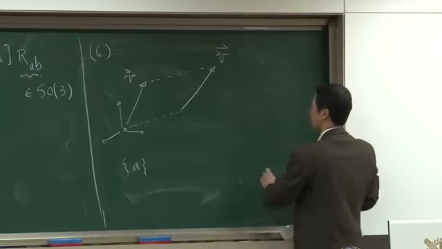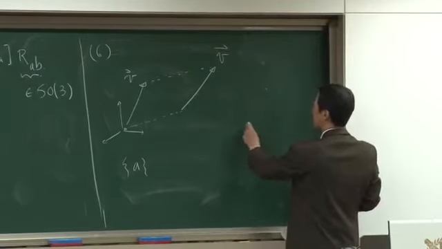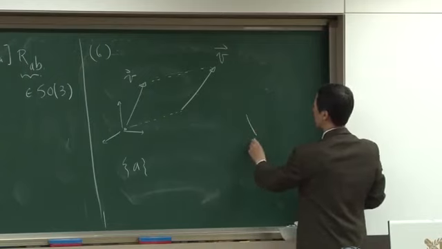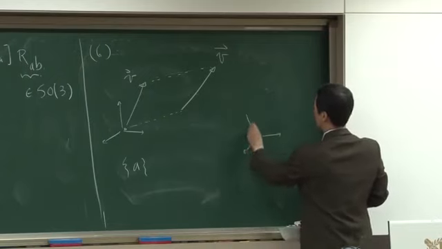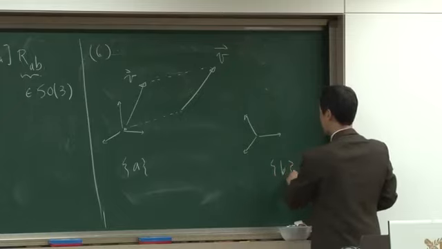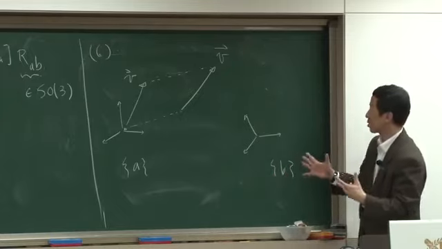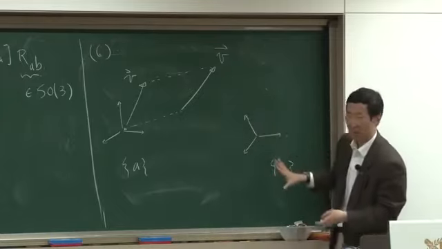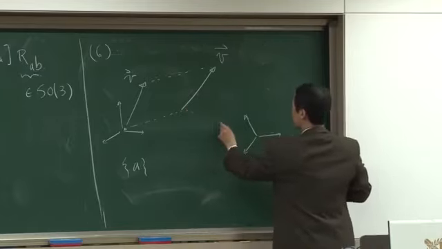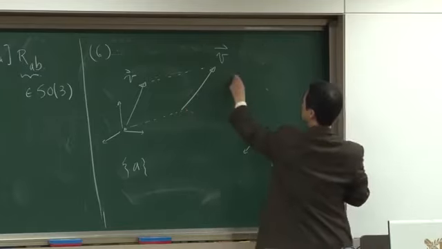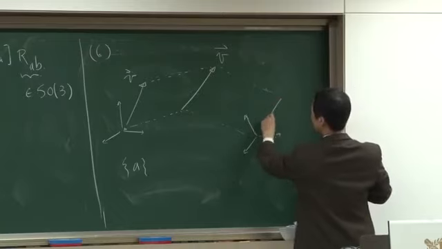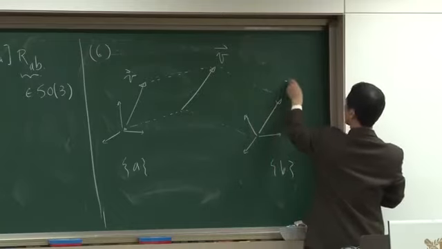I could do the same thing if there were another reference frame here. Let me call this frame B. I can describe the same vector, this time using B frame coordinates, by sliding the vector to the B frame, in this fashion.